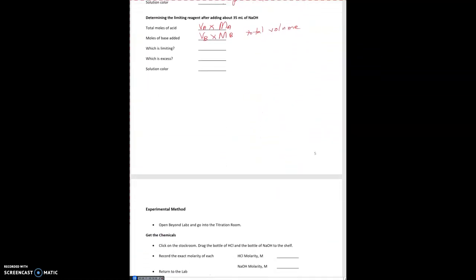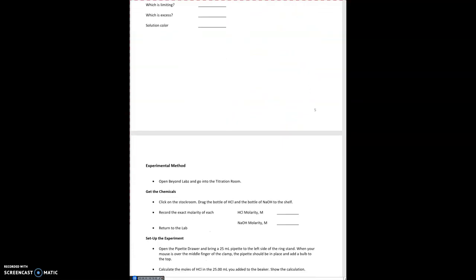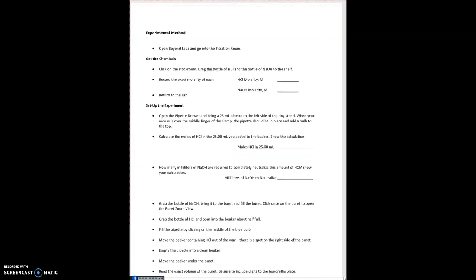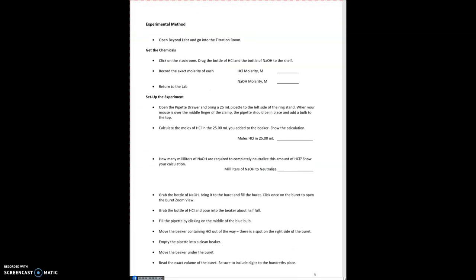So we're going to come down to the calculations. You're going to go into the Beyond Labs program. You're going to get the HCl from the storeroom and mark down its molarity using every significant figure. Now, the next thing you're going to do is pipette 25 milliliters of HCl into a beaker.